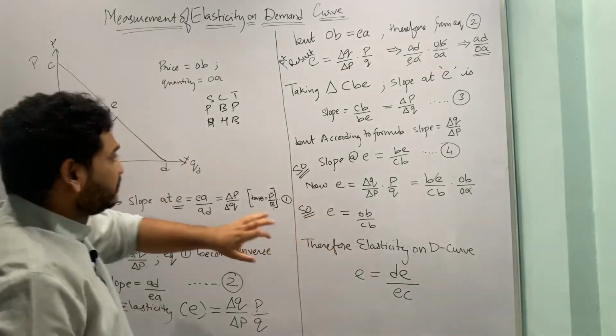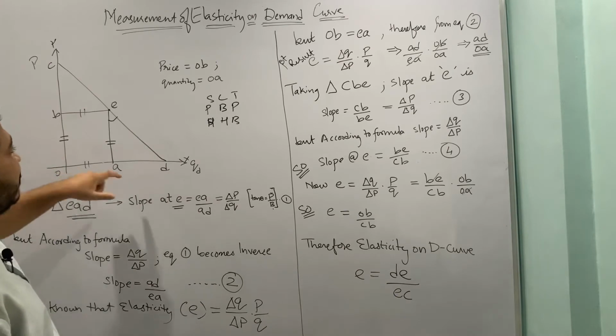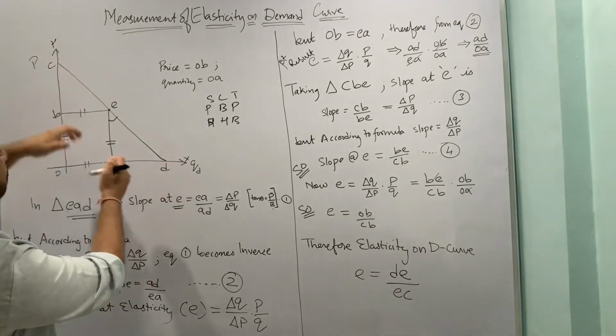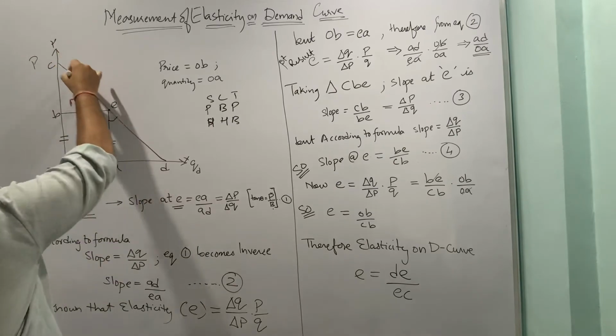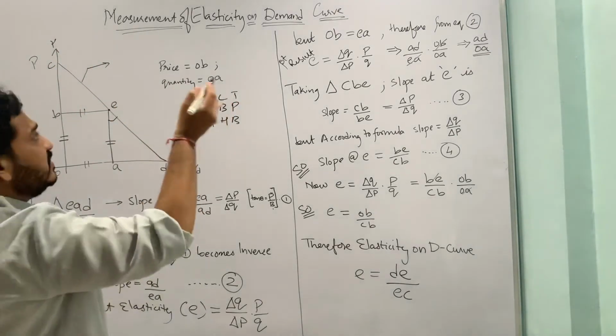Now when I look at the entire triangle and I want to find elasticity on the demand curve, this is my demand curve, this entire downward sloping line. If you haven't seen my lecture on the demand curve, please go and check it.